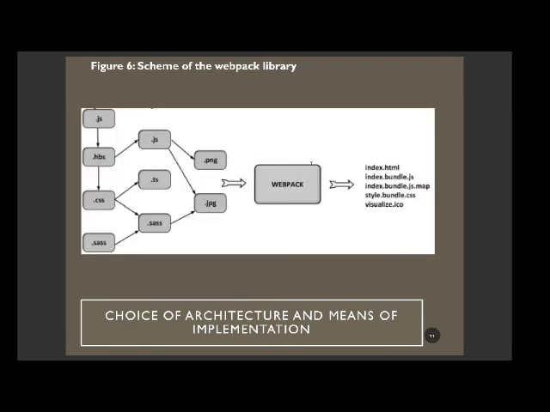The next stage of the study was the choice of means of implementing the software system. The analysis of both the required functionality and the integrability of the application contributed to the choice of JavaScript as the programming language, which uses the user's web browser as the execution environment.